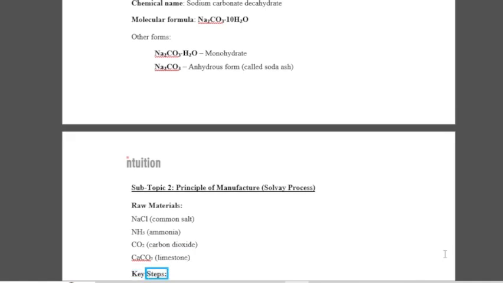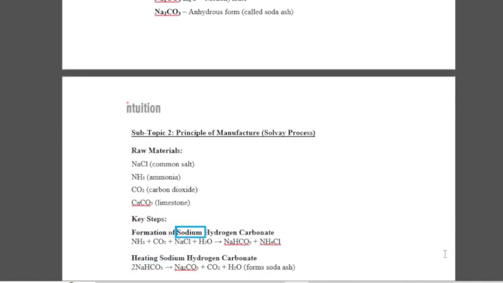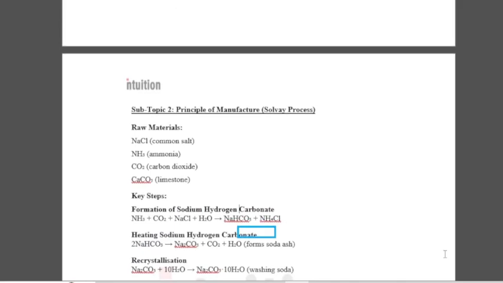Key steps: formation of sodium hydrogen carbonate: NH₃ + CO₂ + NaCl + H₂O gives NaHCO₃ + NH₄Cl. Heating sodium hydrogen carbonate gives Na₂CO₃ + H₂O + CO₂, which forms soda ash.